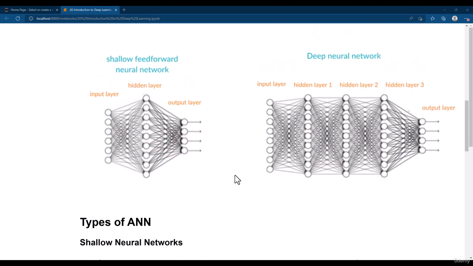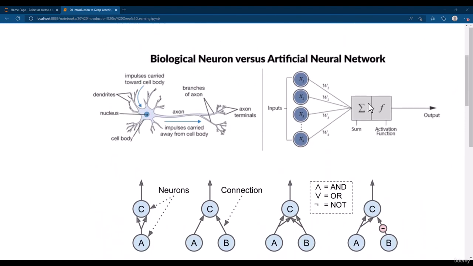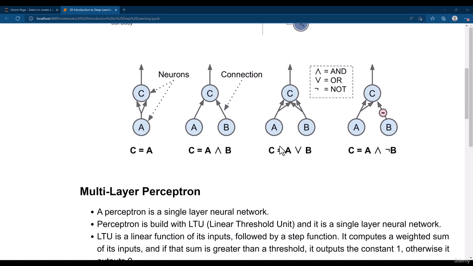For example, if we go back here to our linear threshold unit, suppose your input is multiplied by weight and its value comes out negative, and we apply the ReLU function, then for a negative value, the output will be 0. But when this value is positive after adding the bias term, then whatever the value is, given that the activation function is ReLU, the output will be exactly the same.